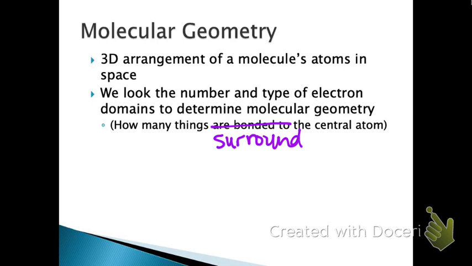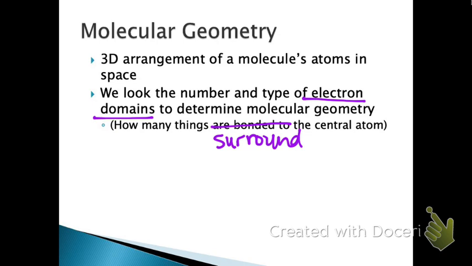It's anything that's surrounding the central atom that is going to be considered an electron domain. Okay? This is the definition of an electron domain, right? It's basically how many things are surrounding that central atom. Okay, we're going to dive into this in just a second here.